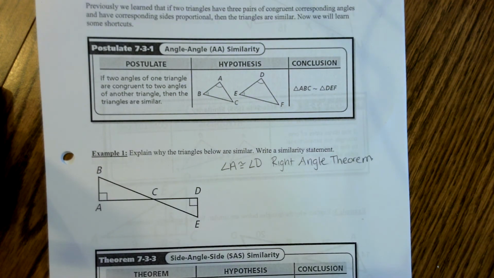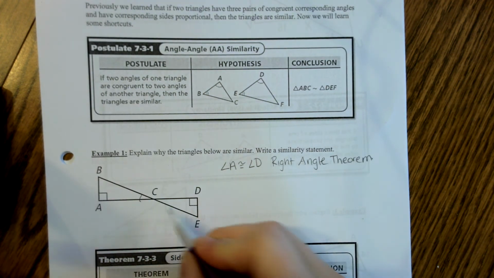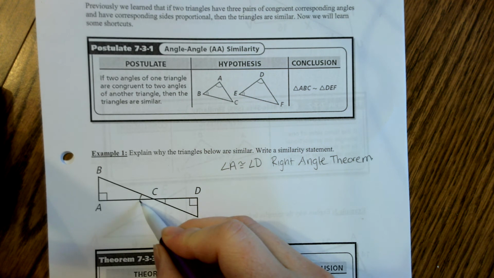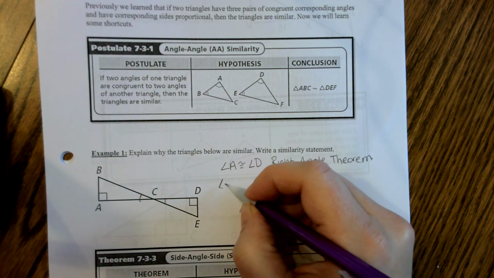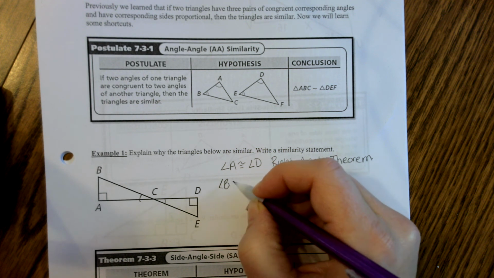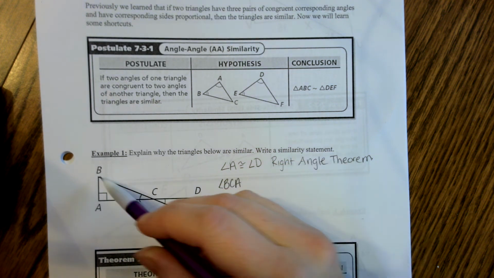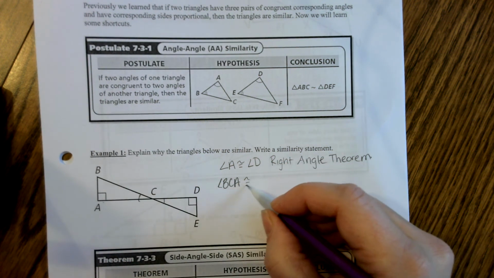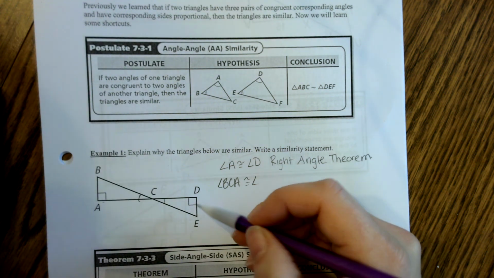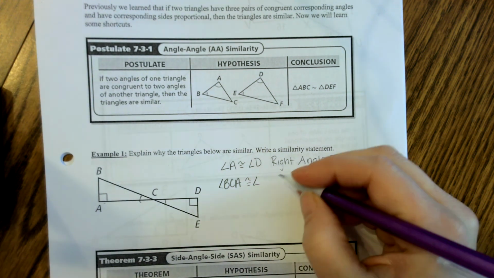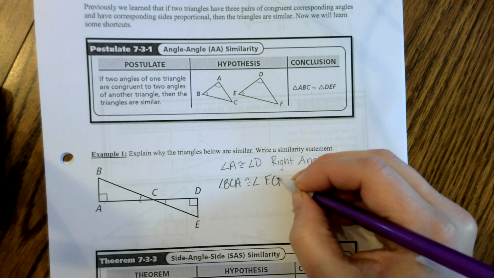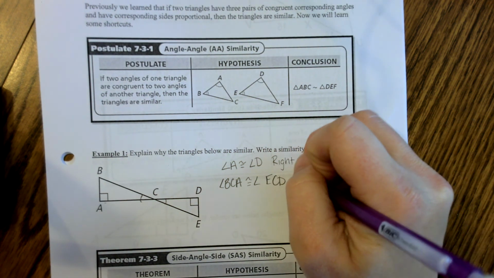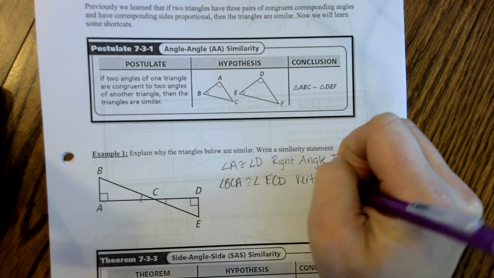And then right here we can put the tick marks because we know that angle BCA is congruent to angle ECD, and that is because of the vertical angle theorem.